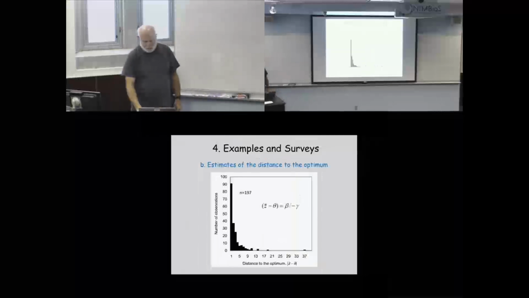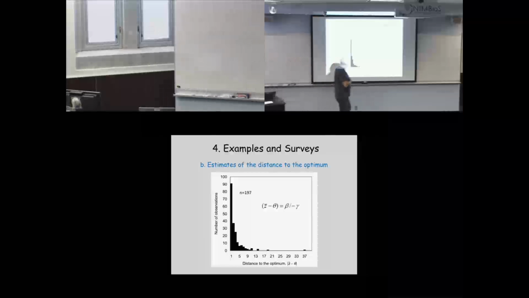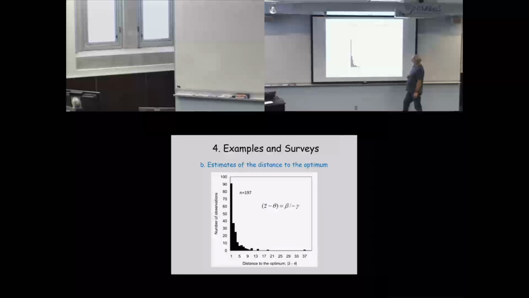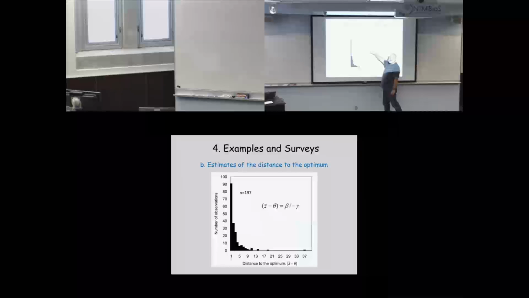I'm blasting on because we've got to get to the multivariate case. There's also a formula that we can use that doesn't require the assumption of a Gaussian individual selection function. From our estimates of beta and gamma, if we're in a stabilizing selection sphere, we can estimate how far the trait mean is from the optimum.